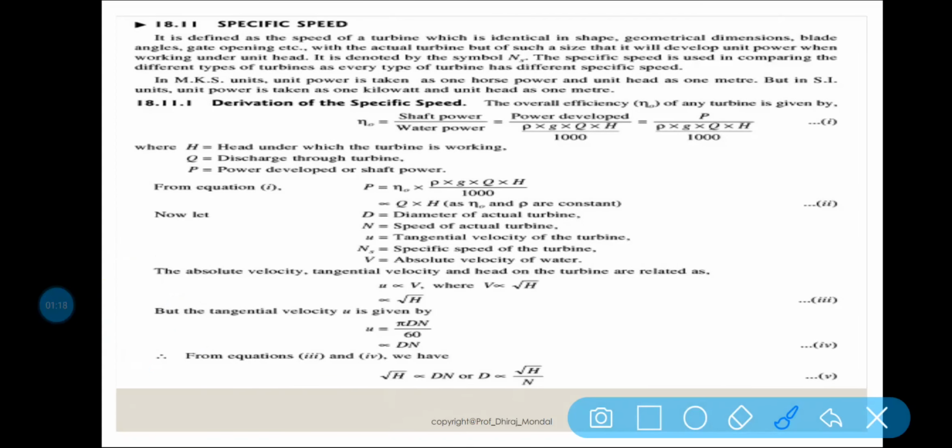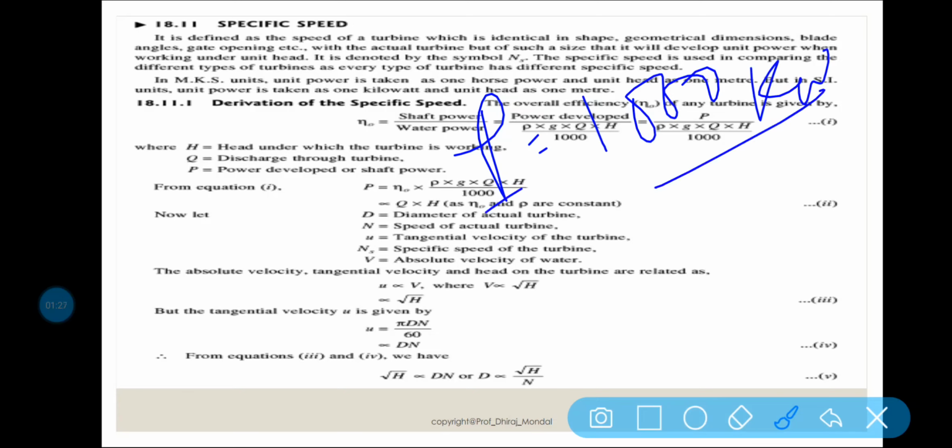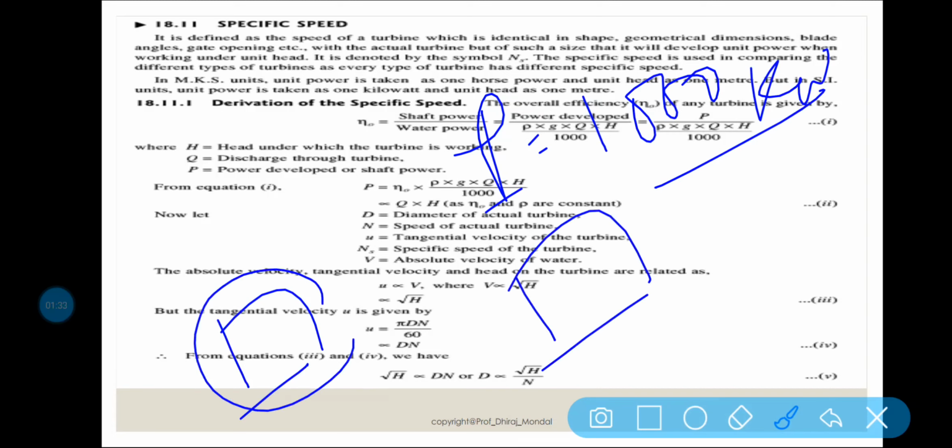If you want to manufacture a turbine, let us consider you want to get 1000 kilowatt of power from the turbine. First of all, make a model, and with the help of this model you can manufacture the large scale turbine.